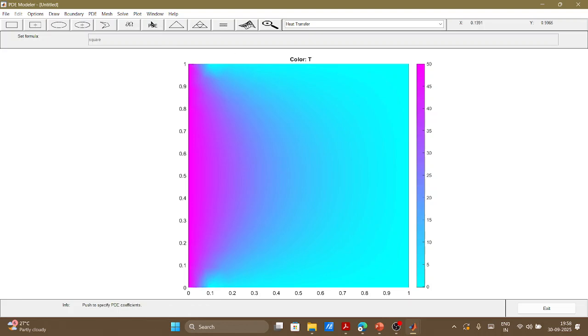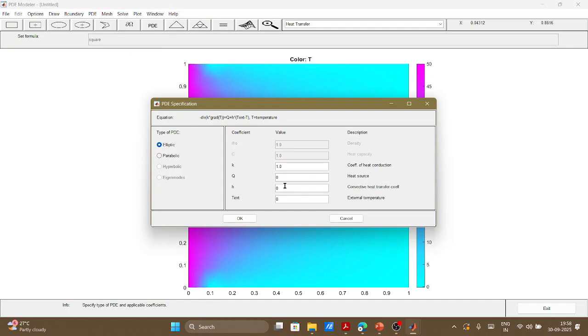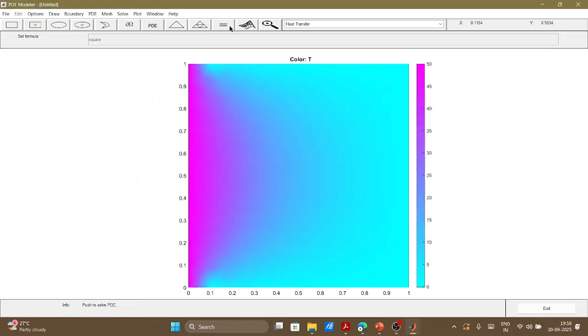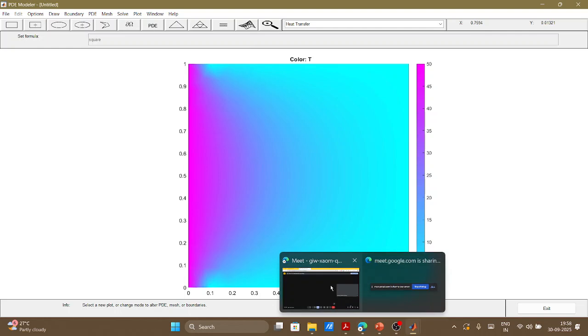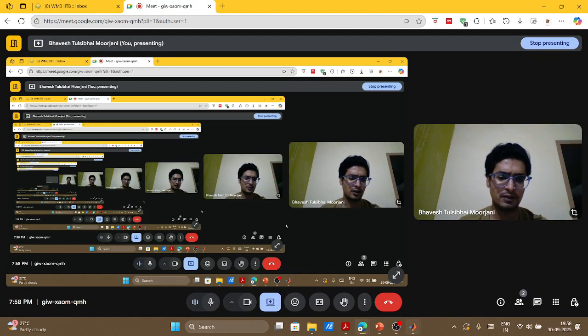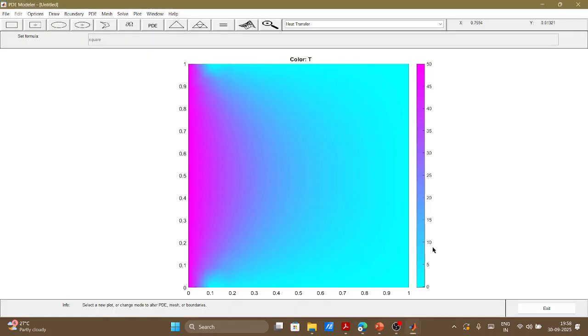Still it goes to 0. Okay. Fix the extra. Now, the same is happening. Not sure about the boundary condition equation here. Let me work out on that.